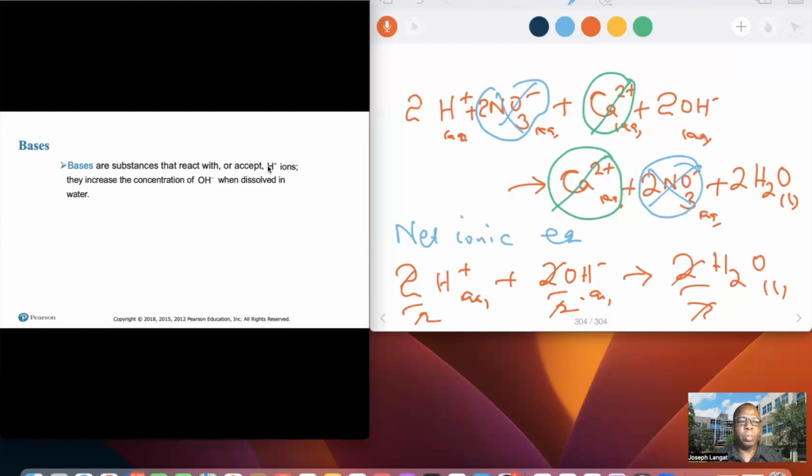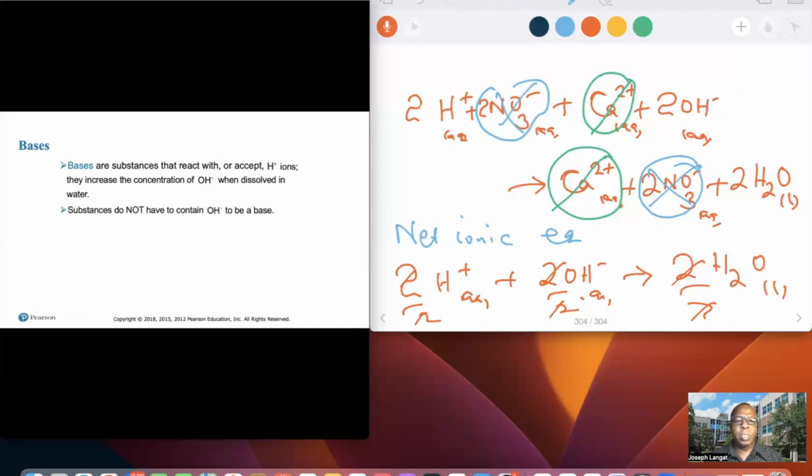Proton acceptor, proton donor for Bronsted-Lowry definition of an acid, it's donate hydrogen ion, or proton donor for acid, and for base, proton acceptor. Anything that produces or increases the concentration of hydroxide is an Arrhenius base.